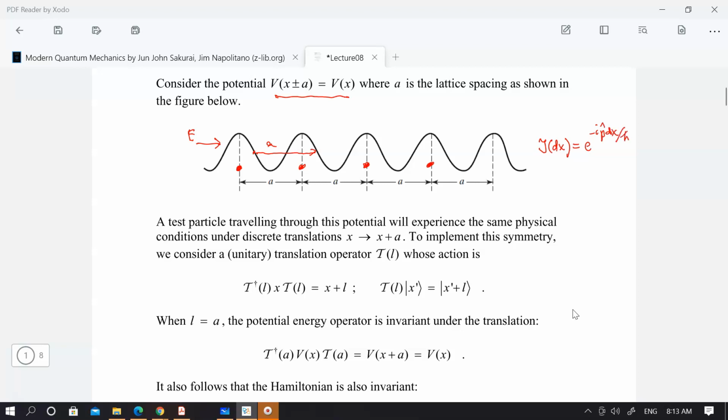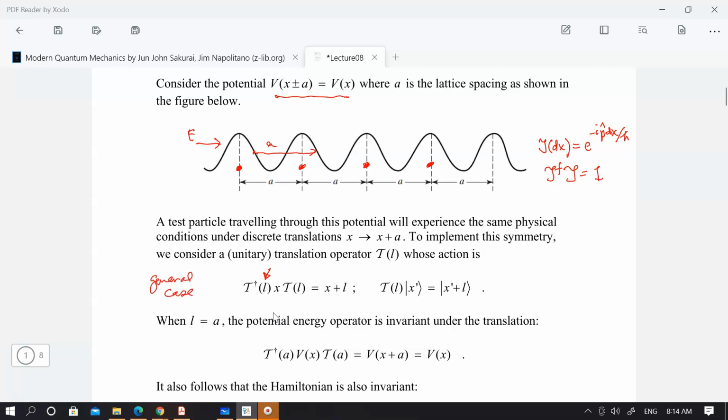This is a unitary operator, and it acts on the observables, such as the position operator; I'm leaving out the hat at the moment. The position will be translated by the distance of L. So here the parameter is L. This is the action of this translation operator in general.